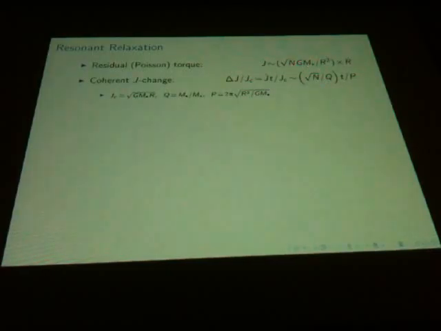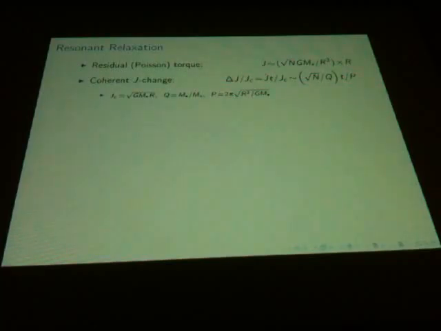These forces add up in a non-coherent way, so the total force has a magnitude of square root of N times that, where N is the number of stars on that scale, times the lever arm. I'm dropping the angular dependence here. This is just an order of magnitude estimate. The lever arm is r, so this is J dot, our torque.